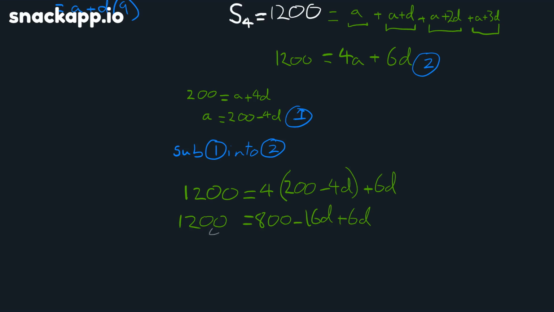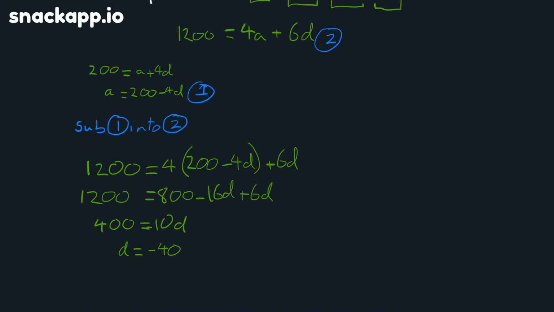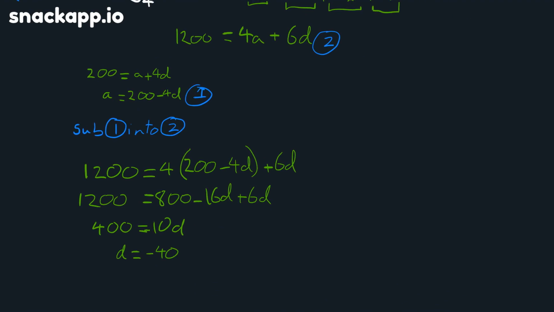So move the numbers to one side. We get 400 is equal to 10d. Oh, sorry, negative 10d. d is therefore just negative 40. Okay, so now what we can do is we can sub d equals negative 40 back into a.